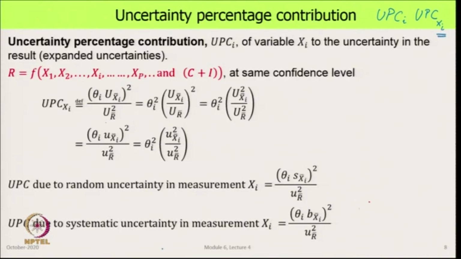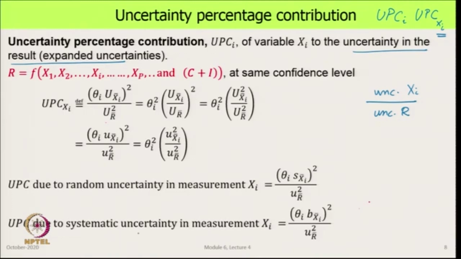Very broadly, UPC, the uncertainty percentage contribution, is that fraction of the uncertainty of the result, the expanded uncertainty, that comes from the uncertainty in measurement xi. So, how much uncertainty came from xi divided by the combined total uncertainty in the result, this is our definition of uncertainty percentage contribution.